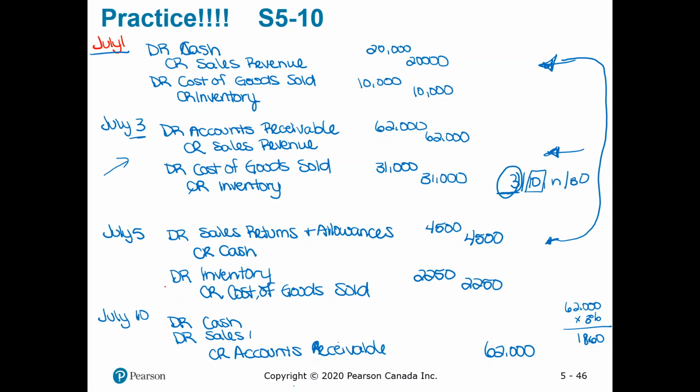So we'll debit sales discounts. It's going to reduce our revenue, but we do it through the contra account. And therefore, the cash that we will get is the $62,000 minus that discount. So the net cash is $60,140. Okay, so that is a look at an example for sales.